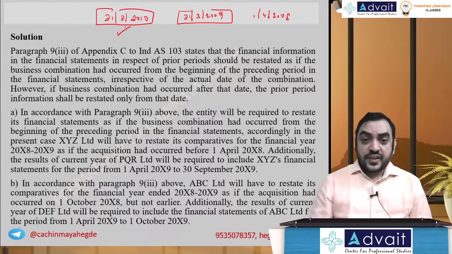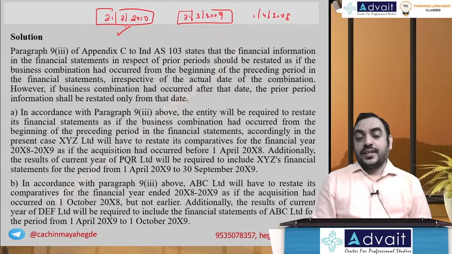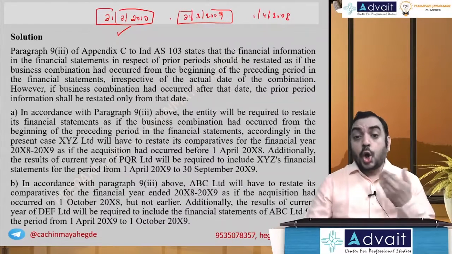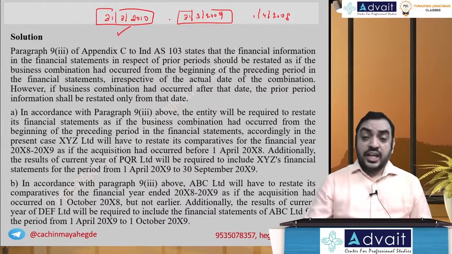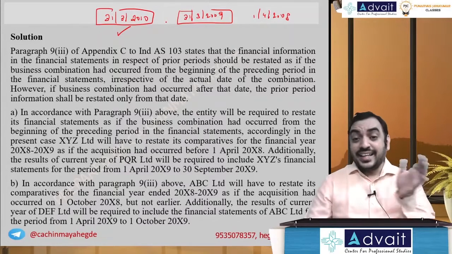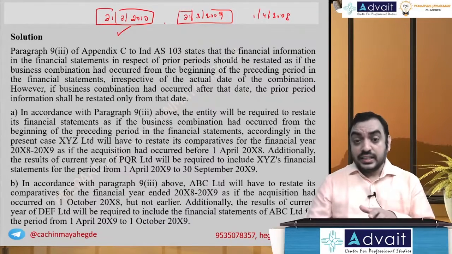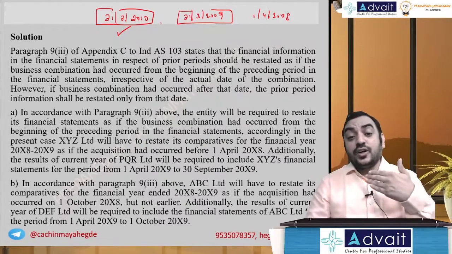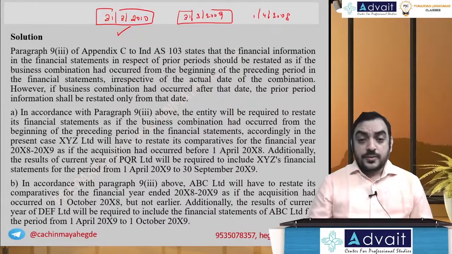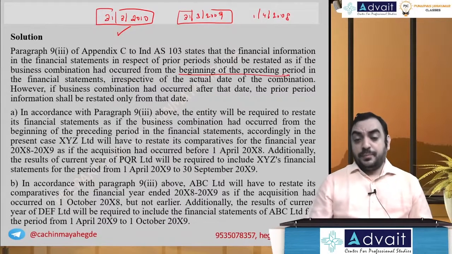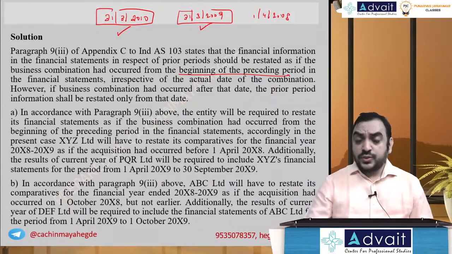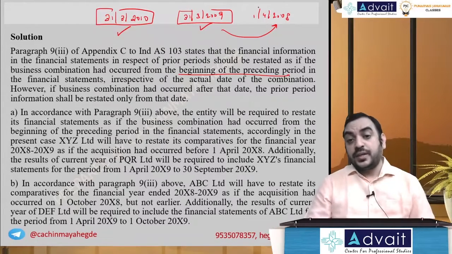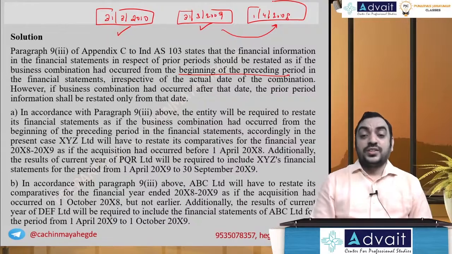When you're preparing the financial statements on 31st March 2010, you have to restate all the financial information as if it is available from the beginning of the preceding period. The preceding period is 31/3/2009, and the beginning of that means 1/4/2008.